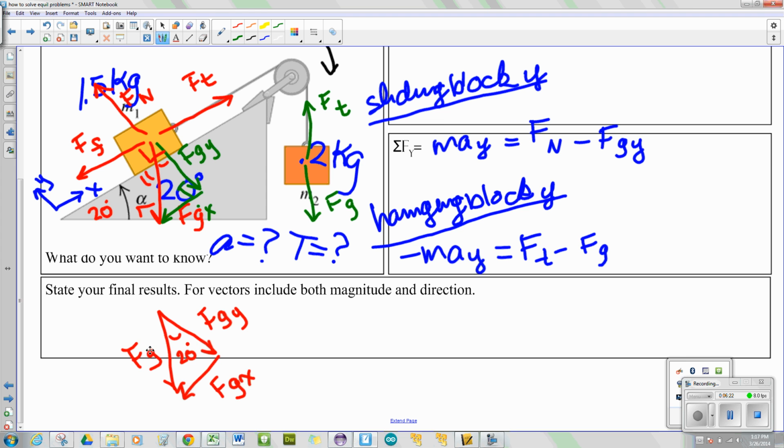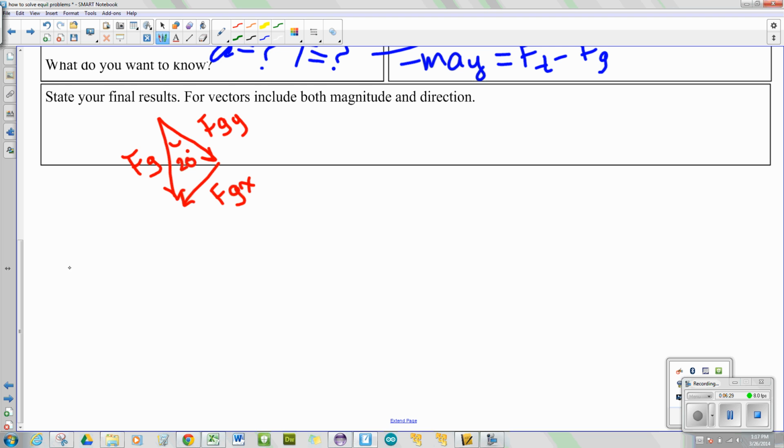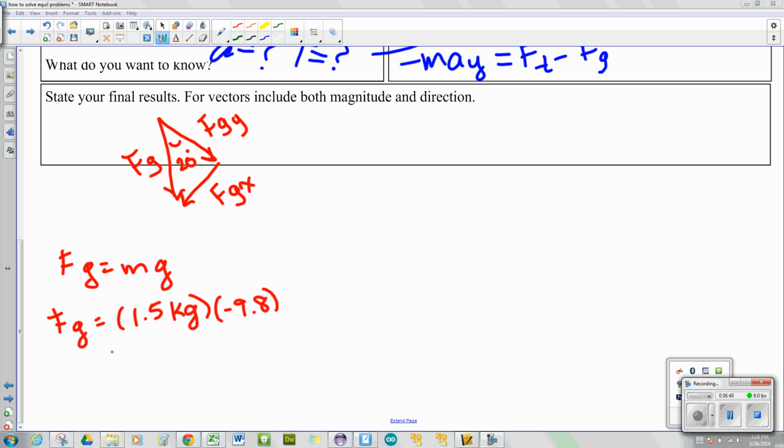Now, I already know the force of gravity in this situation, because we know in any circumstance that force of gravity equals mass times the acceleration of gravity, and the mass of our block is 1.5 kilograms, because that was given, times our acceleration of gravity, negative 9.8, and that is equal to negative 14.7 newtons.